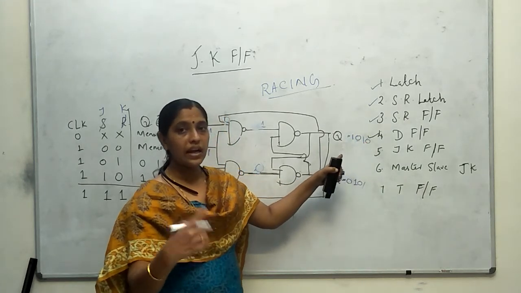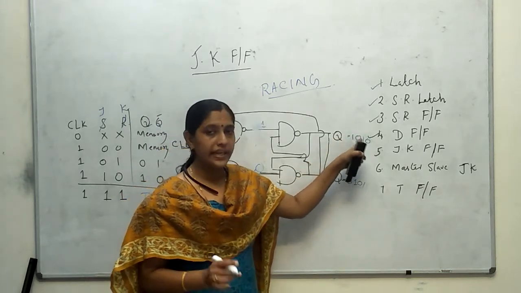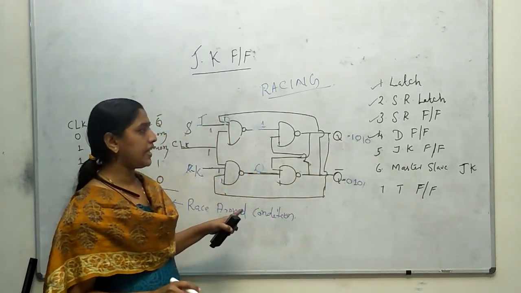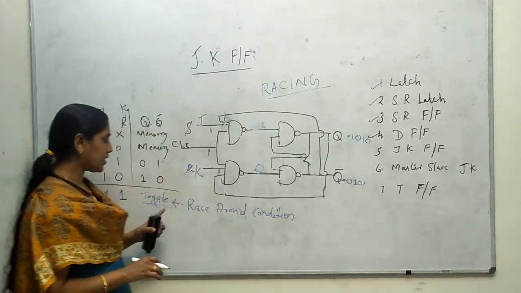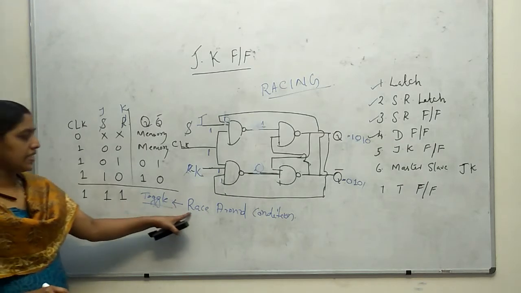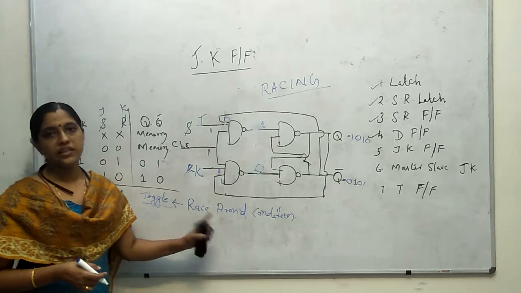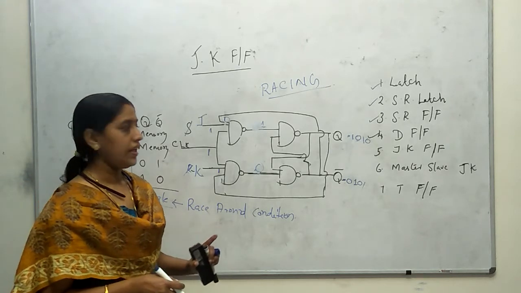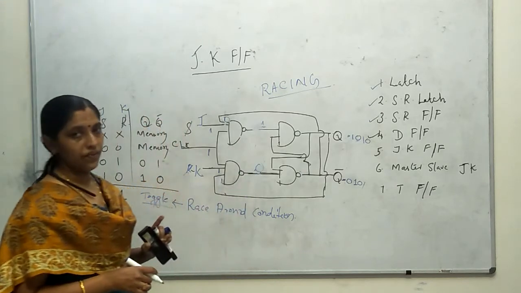So it will toggle uncontrollably, and that particular state is known as the toggle state, and that mechanism is known as racing. When J is equal to 1 and K equal to 1, that is called the race around condition in the JK flip-flop. So this is all about the JK flip-flop.